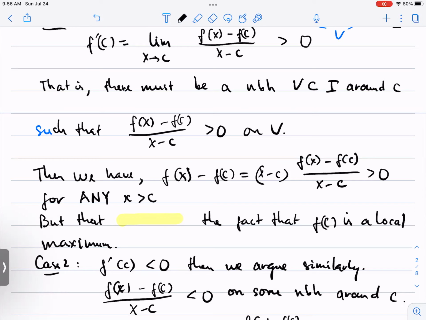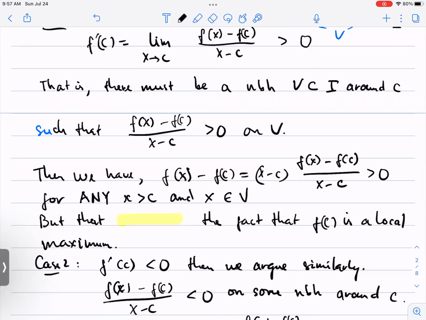If x is bigger than c, then x minus c is certainly a positive number. Then you multiply this positive number with another positive number. That's why the product must be positive. That's why f of x minus f of c is positive for any x bigger than c, and within this neighborhood, x belongs to V.